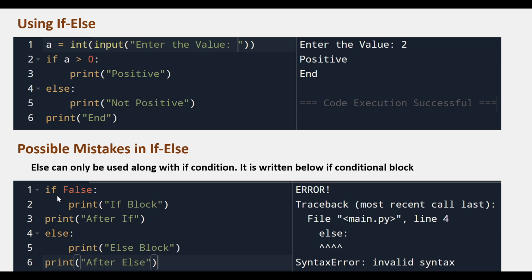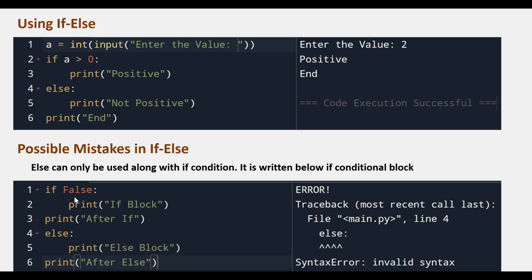See here, the second line has perfect indentation, but the third line is written from the corner, so actually this is wrong. This is how the indentation error comes.